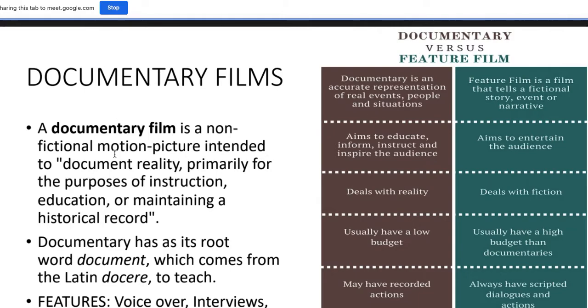You can think of a documentary on your college. You can think of a documentary that in recent times has been much discussed and is very much in the news, The Social Dilemma.